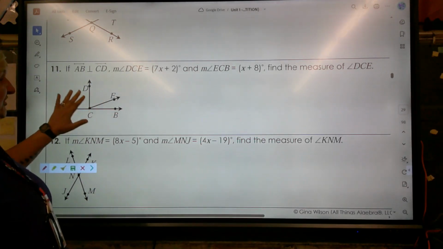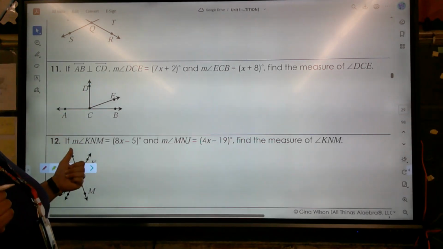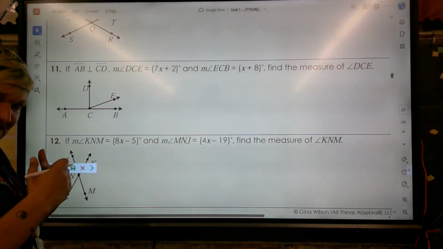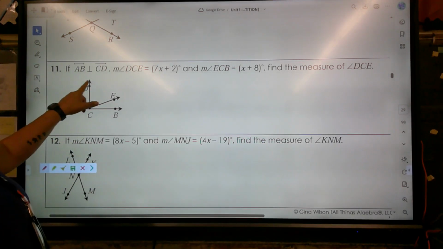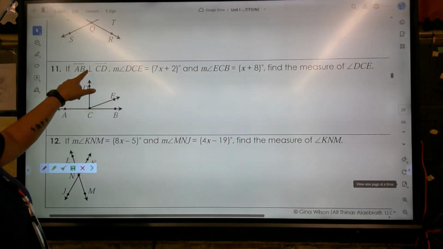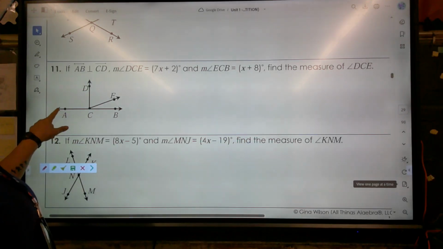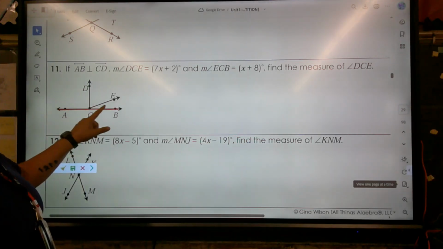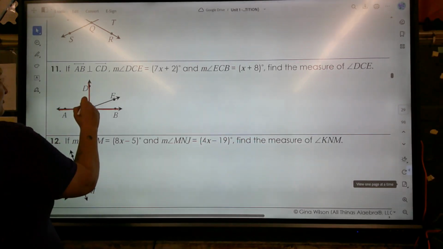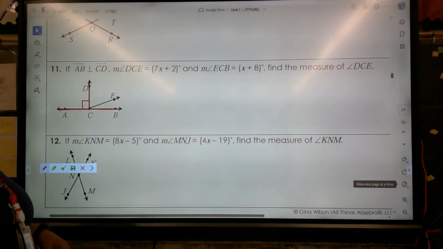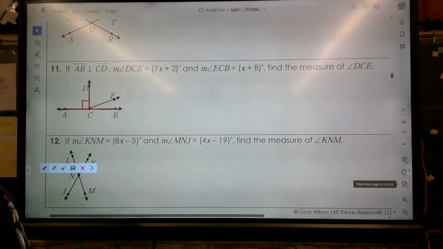First, look at what they gave you. They gave you the angles to connect, to write on, to label. Now let's label. If AB is perpendicular to this, that means it creates a right angle. Go ahead and write your right angle.